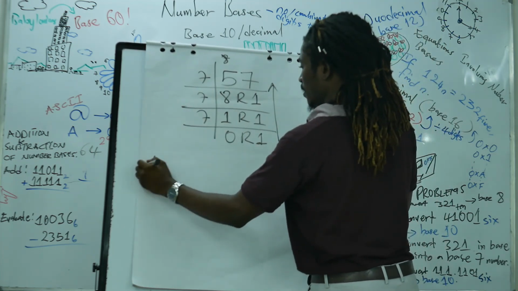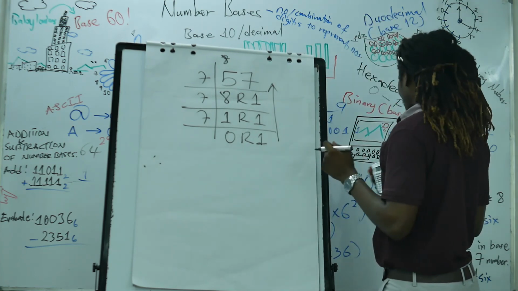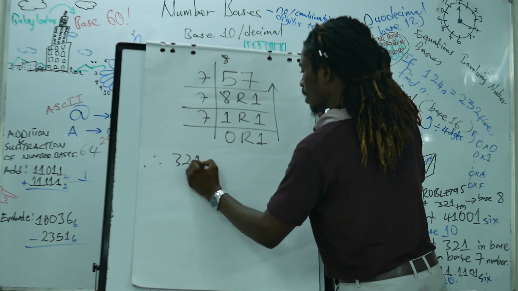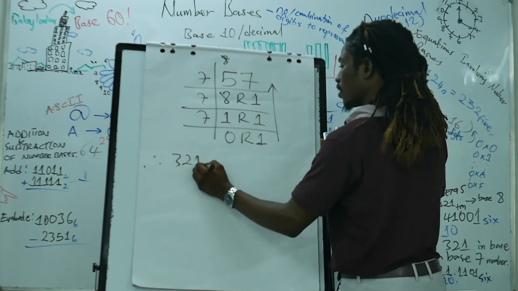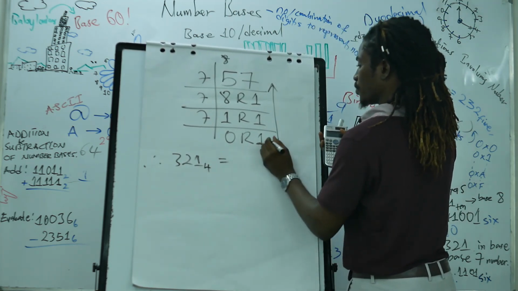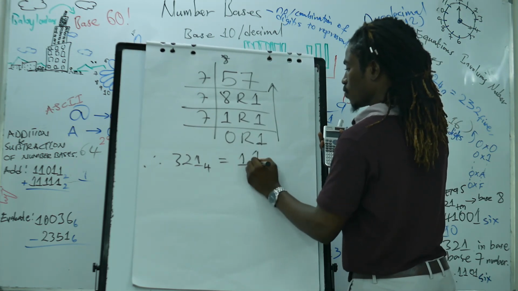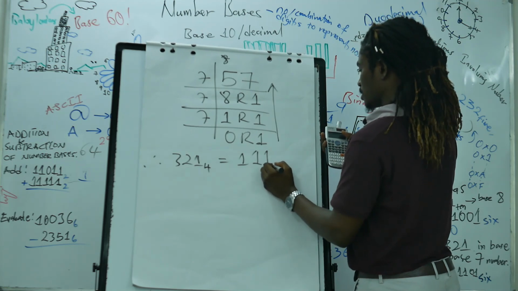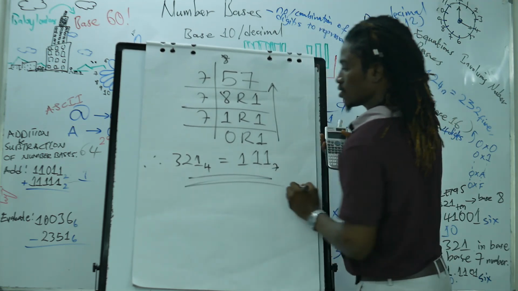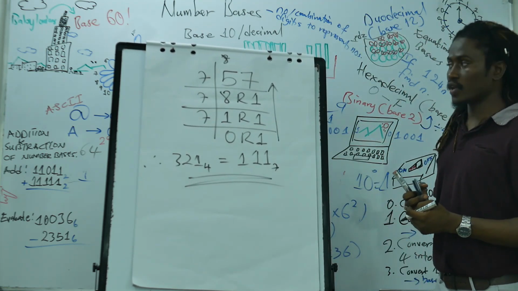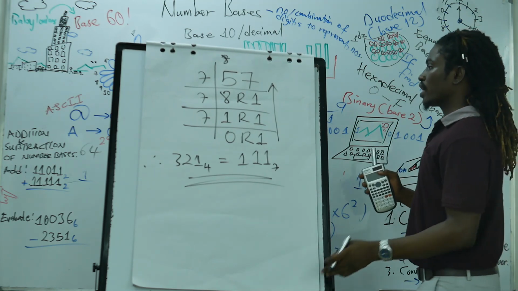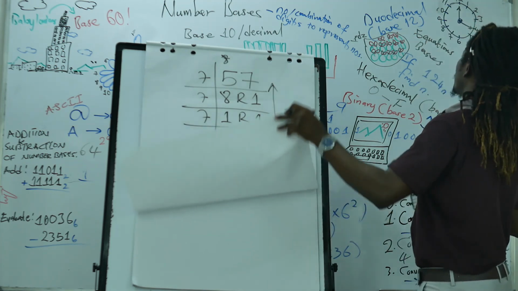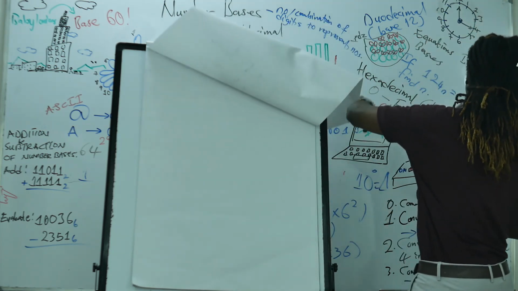We say, therefore, our value 321 in base 4 is equal to, reading from the bottom, 1, 1, 1 in base 7 as our answer. Okay? So I hope you've got this now. Let me see, maybe we need to move on to the next one.